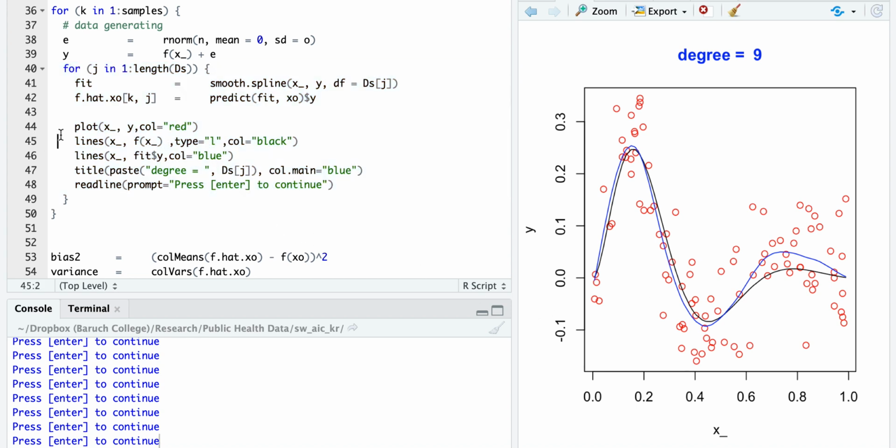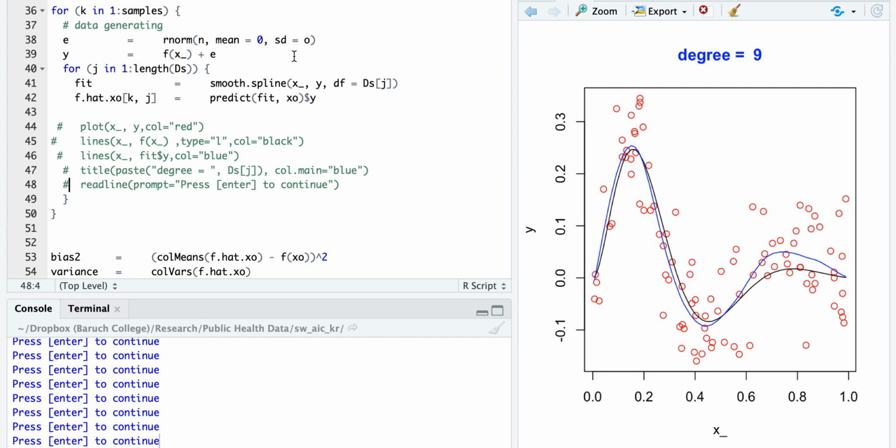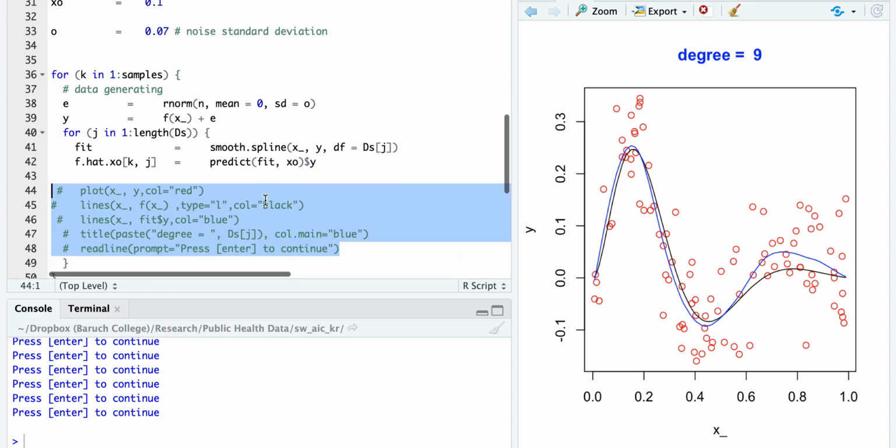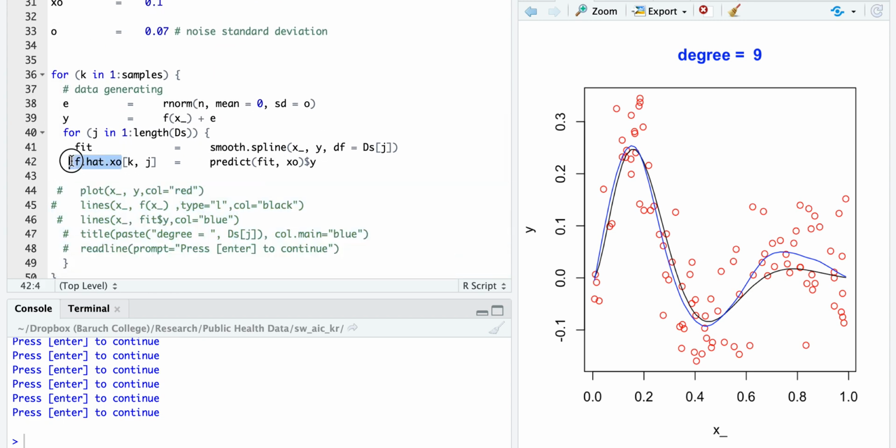Now let's just comment this out, so this won't run. But you see, for each, f hat xo is a matrix where each row refers to a distinct data set coming from the same data generating process, the distinct sample.